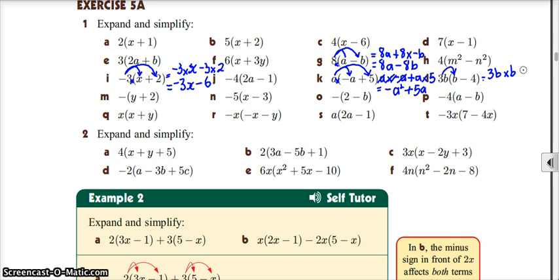Just 3B. So I have that there. 3B times B, 3B, plus. You're right. Yeah, because it's a positive here, so the plus must go in there. Alright, good. 3B, yep.